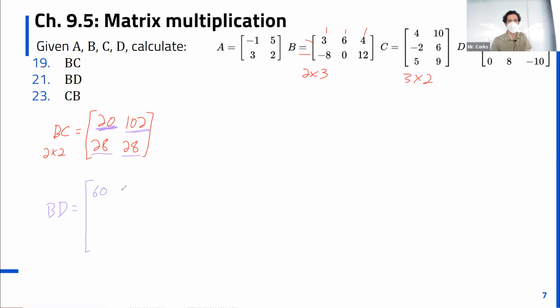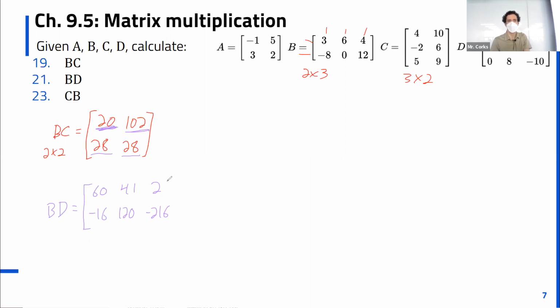So 60, 41, sorry, 2, okay. Negative 16, 120, negative 216, okay. That's it? So 2 by 3 matrix? Okay.